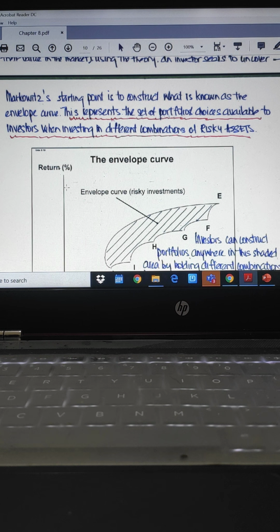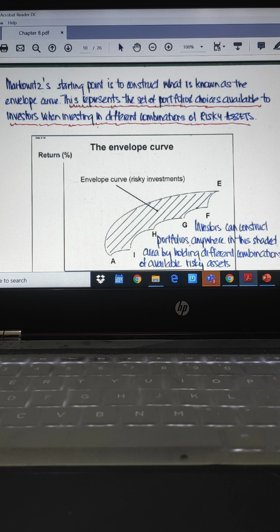In the next slide, Markovich's starting point was to construct what is known as the envelope curve. This would represent the set of portfolio choices available to the investor when investing in different combinations of risky assets. Again, I have to mention, Markovich only used risky assets in his portfolio.